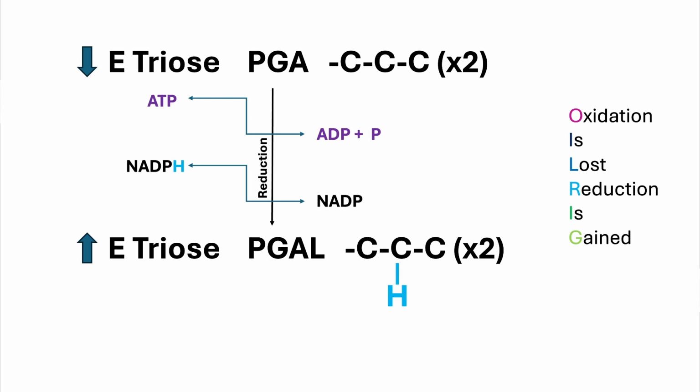We have the NADPH coenzyme that came from the light phase into the dark phase. This hydrogen atom here is energy rich. Remember, we want to increase our PGA in energy because it was a low energy triose. We want to make it a high energy triose. The NADPH drops off the hydrogen, and the hydrogen attaches itself to the C3 compound.